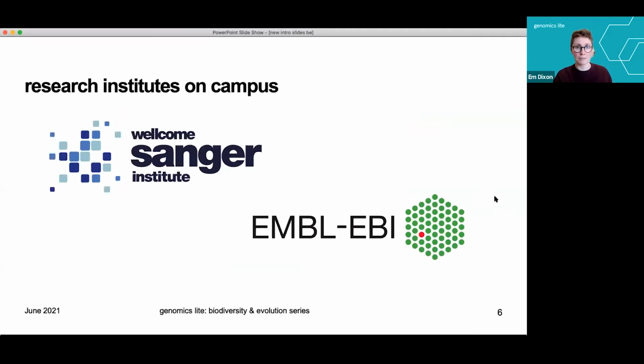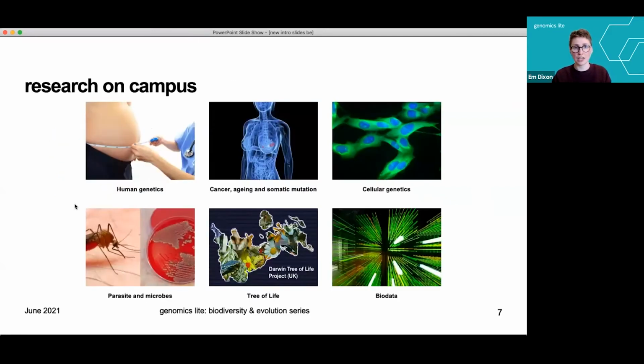On the Wellcome Genome Campus, we've got a few different research institutes, but the biggest two are the Wellcome Sanger Institute and EMBL-EBI. Wellcome Sanger does both wet lab and dry lab, so doing experiments but also using data, whereas EMBL-EBI solely focuses on using data. Everything that we do on campus relates to genomes and genomics, but we do that by looking at a few different areas.